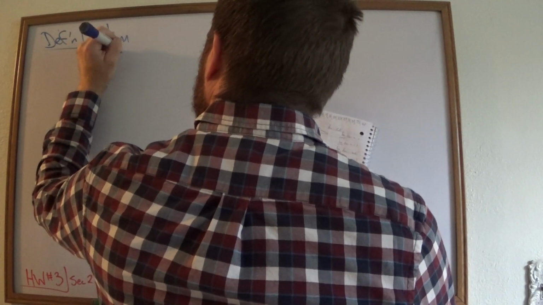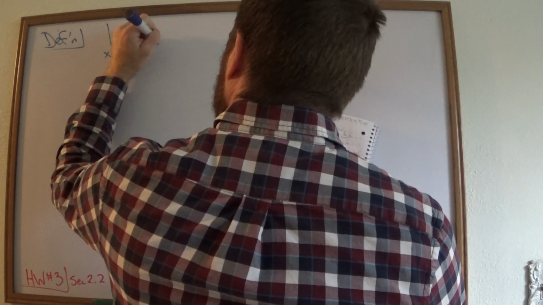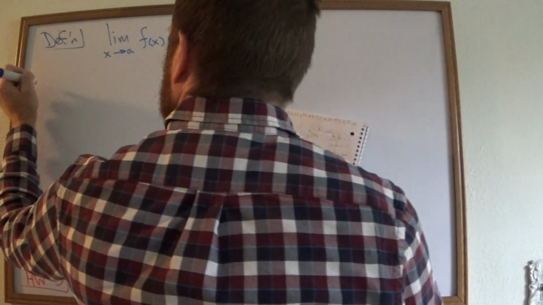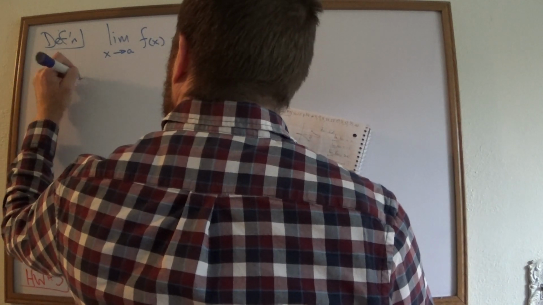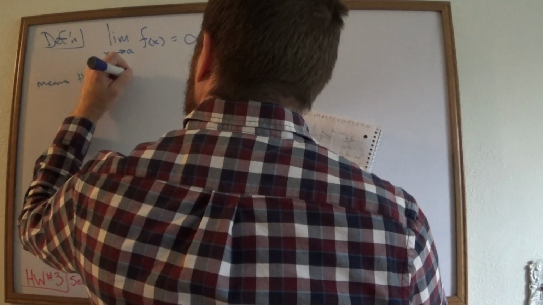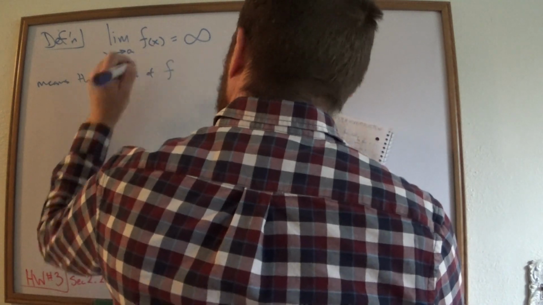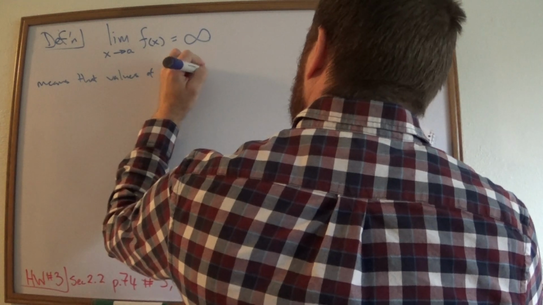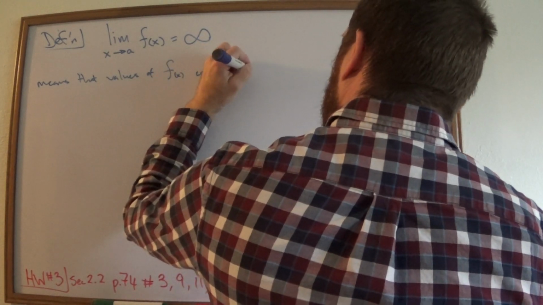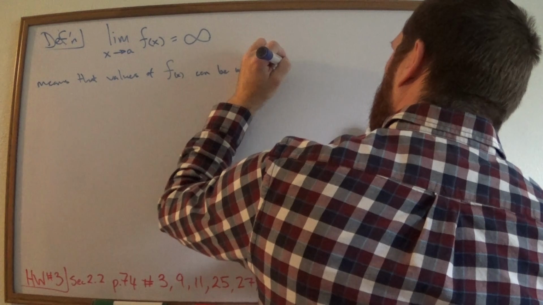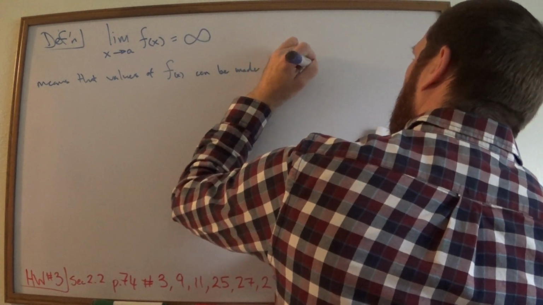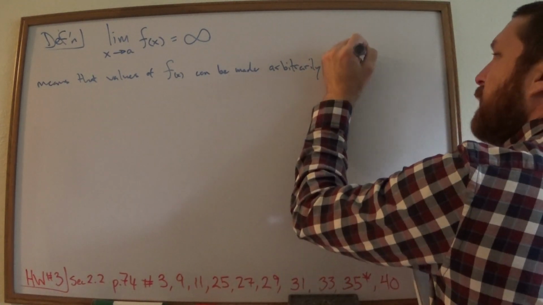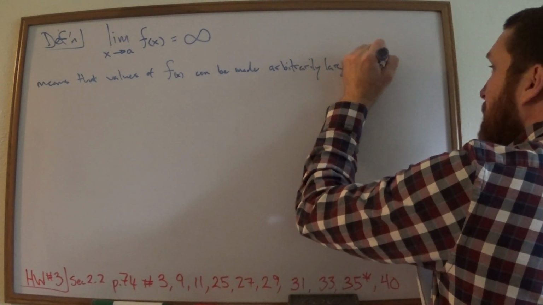Limit as x goes to a of f of x equals infinity means that values of f of x can be made arbitrarily large. And by arbitrarily large, we mean as large as you please.